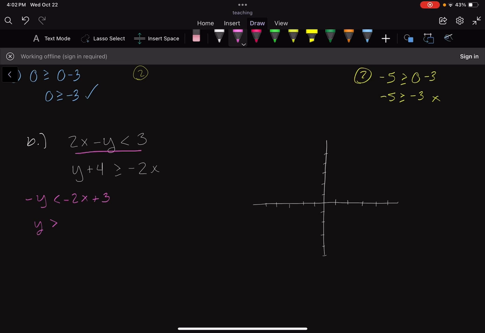So I get y is greater than 2x minus 3. Now I can graph up 2 over 1, up 2 over 1, something like that. And it needs to be a dotted line.